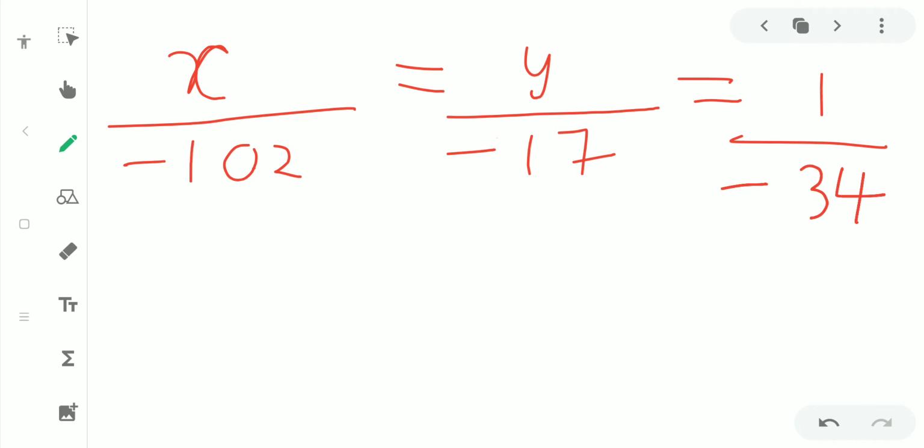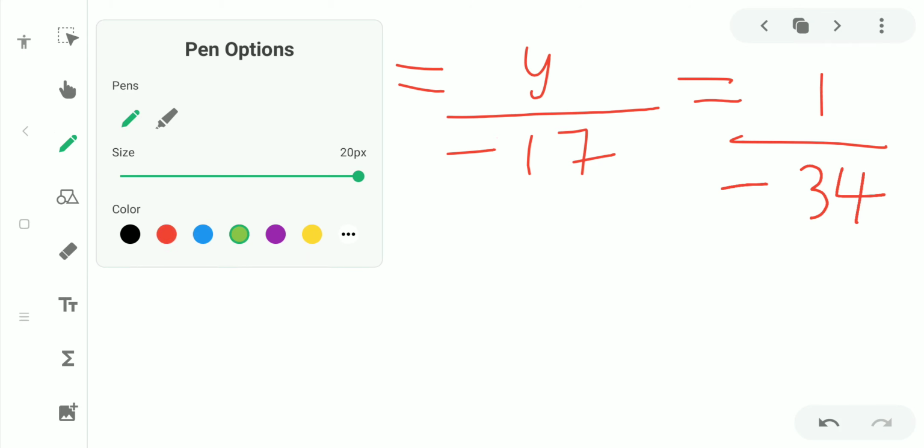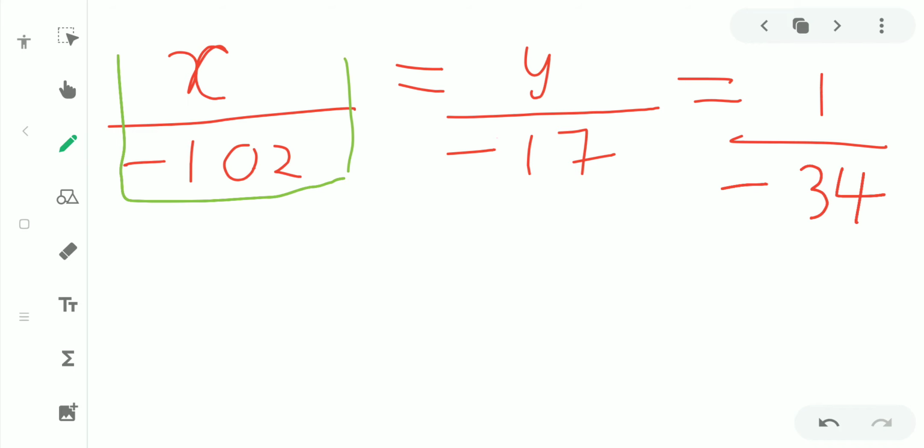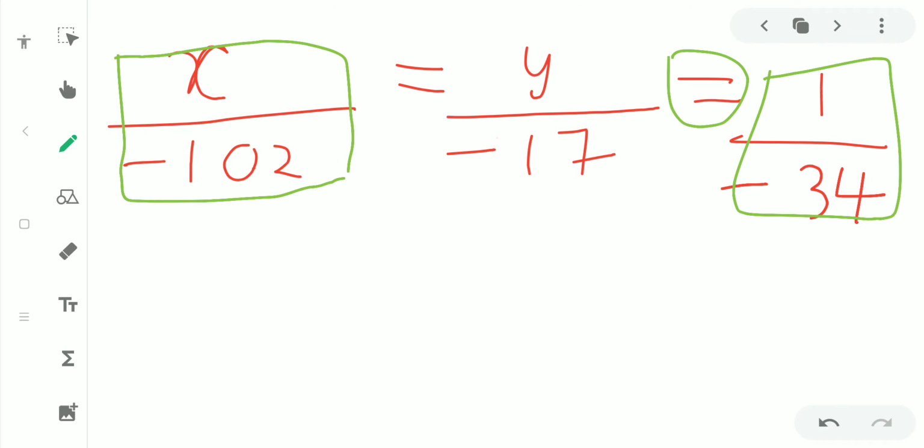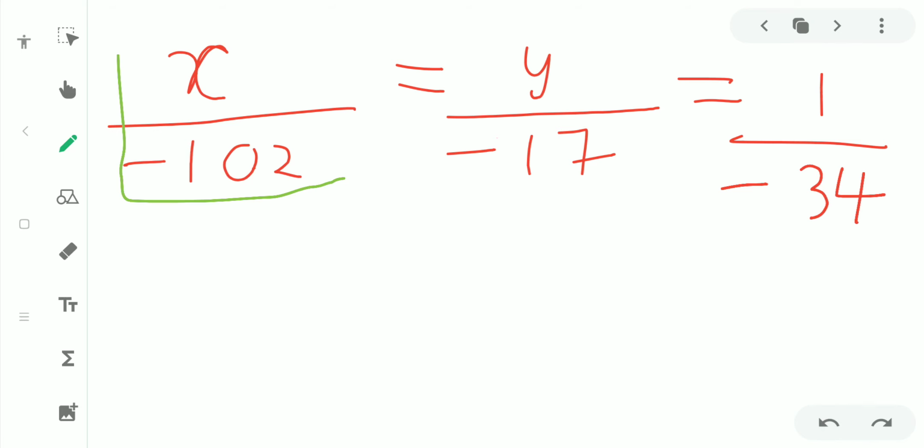So now you can see, observe carefully, that x is equal to 1 by minus 34. So let us equate it now like that, as we did in the previous video.